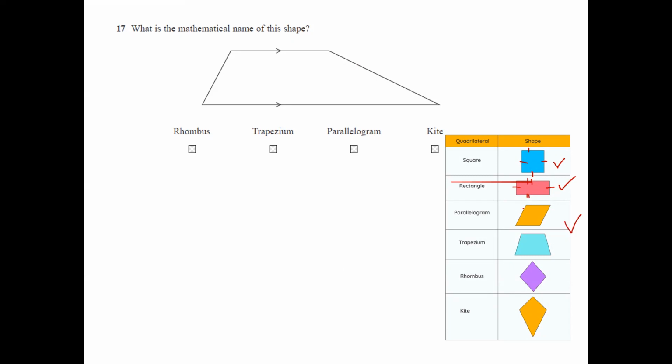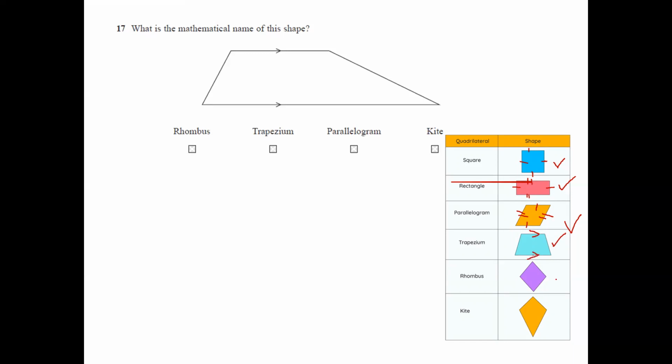In a parallelogram, actually this is the slanted version of a rectangle. So therefore, opposite sides are equal and also parallel. And trapezium. In a trapezium, we can see only one pair of parallel lines.